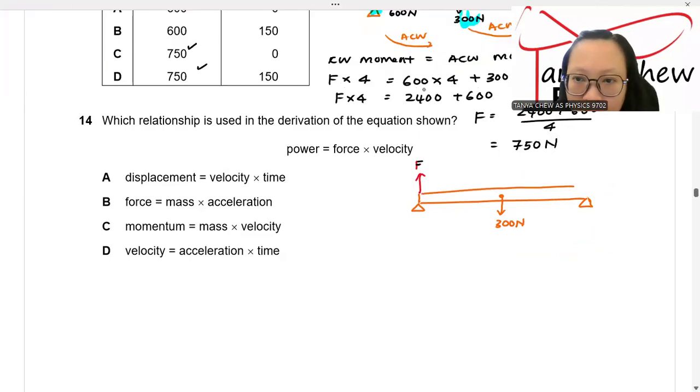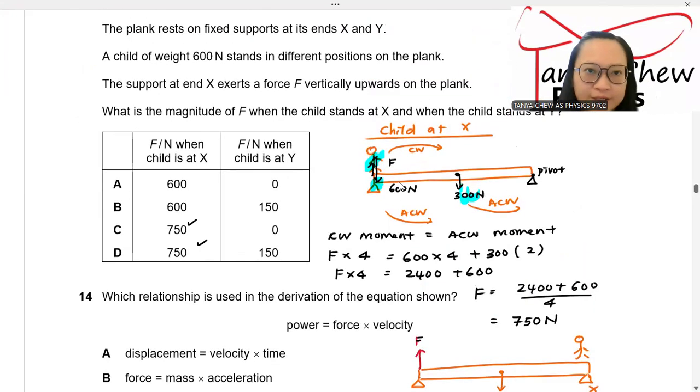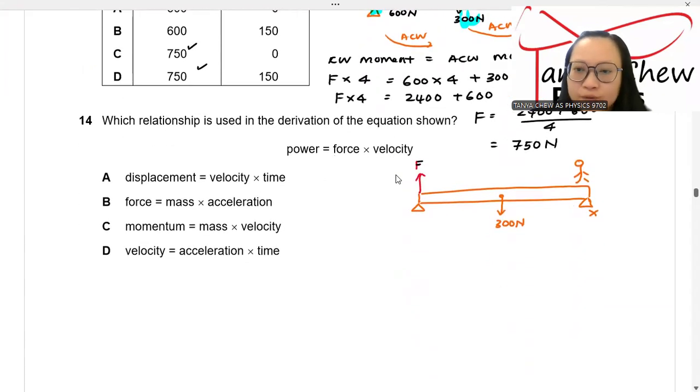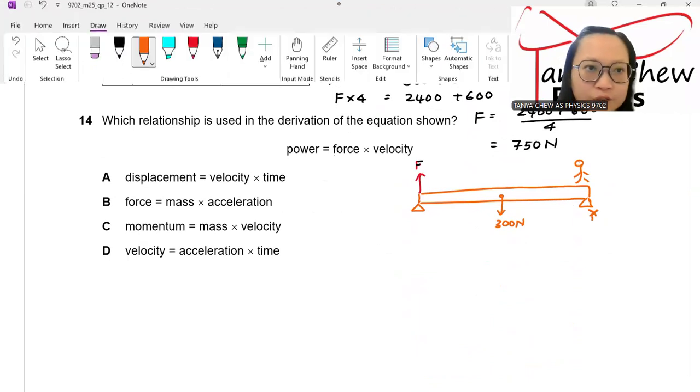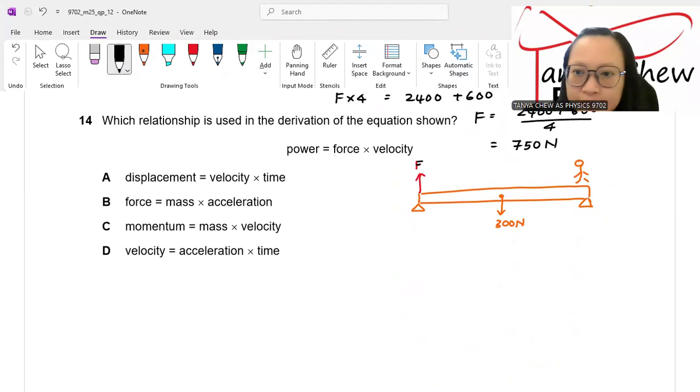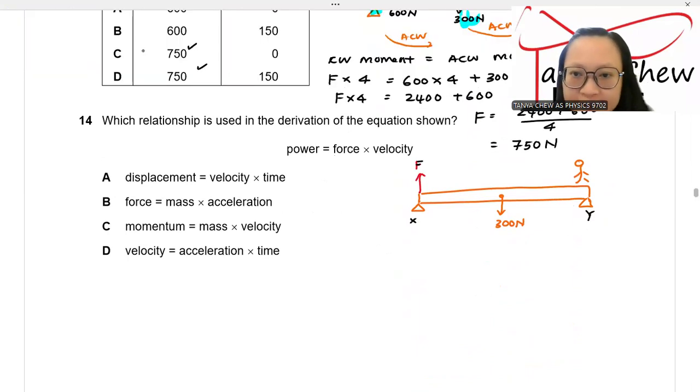So this is a plank. The child is here at point X, because they have already mentioned supports at X and Y. This is Y, this is X, right?